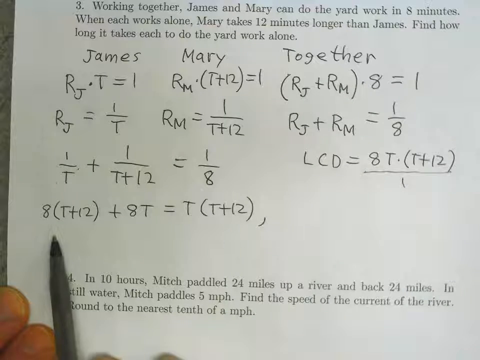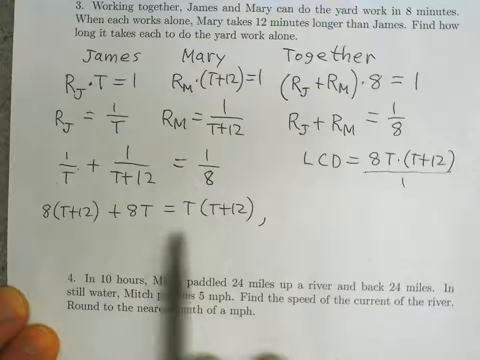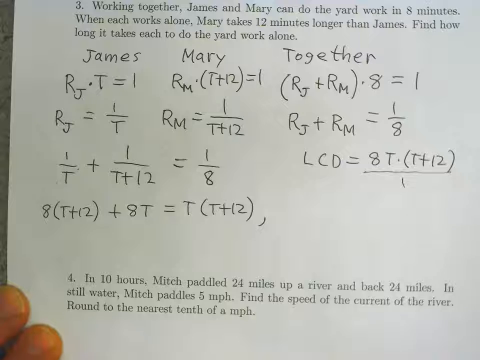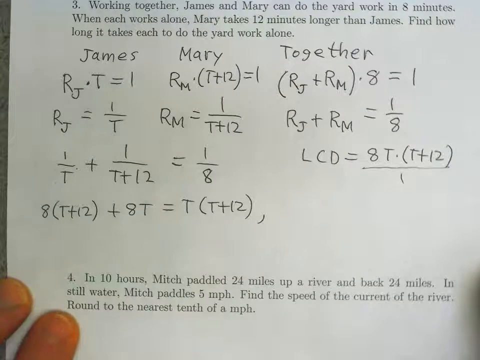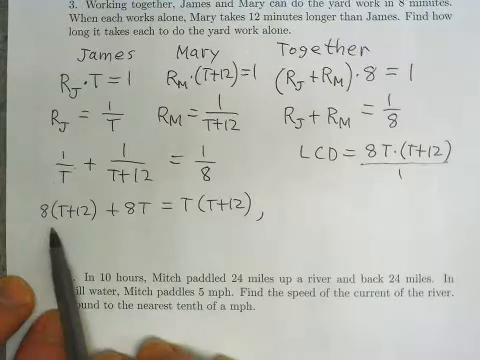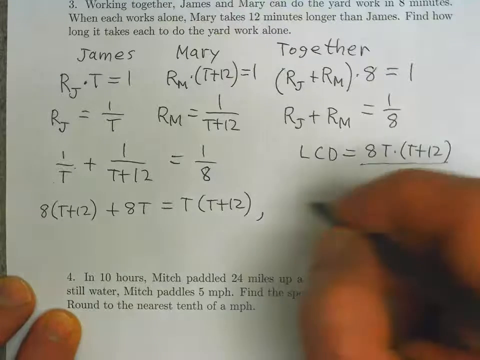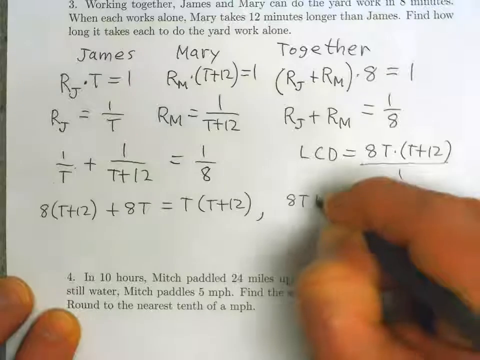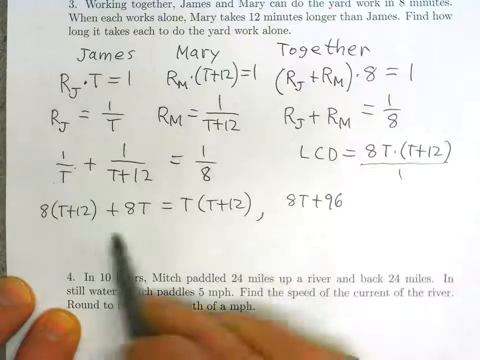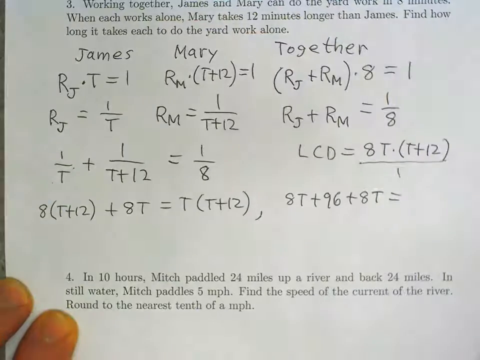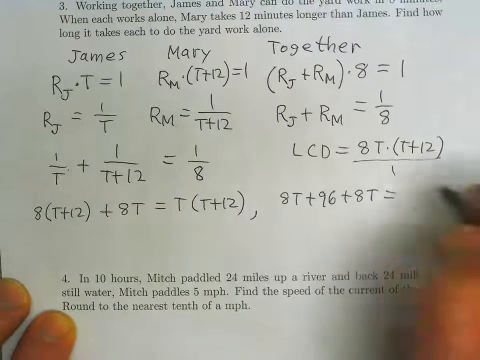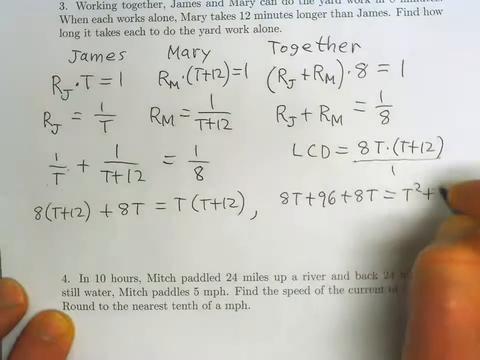So we'll multiply everything out, set one side equal to 0, and then we can at least use the quadratic formula. So on the left, 8 times T plus 12 is 8T plus 96, and then plus 8T. On the right-hand side, T times T plus 12 is T squared plus 12T.